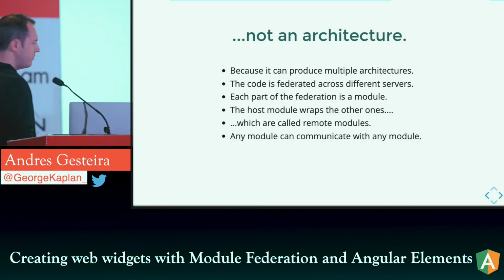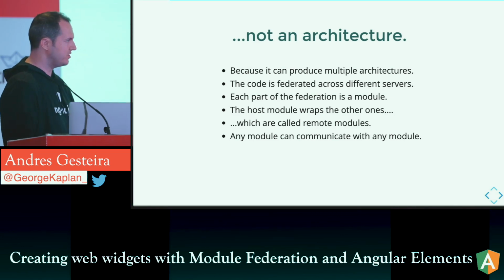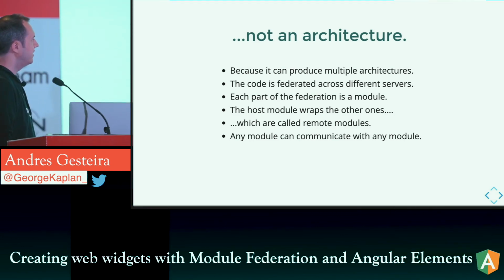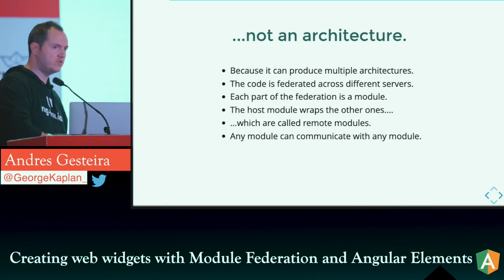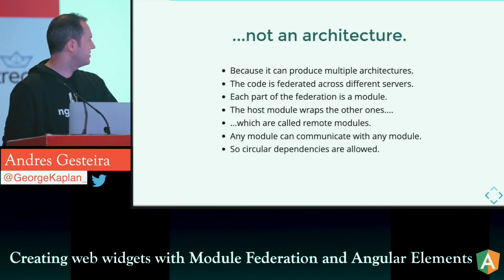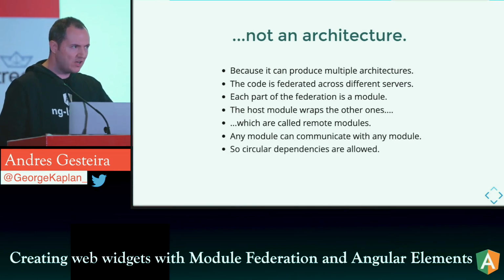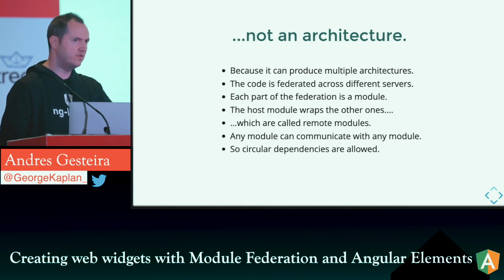And any module can communicate with any module. So all the modules are omnidirectional in communication, meaning that the host module can communicate with the remotes, and vice versa, the remotes with the host module, and the remotes with each other can also communicate. So circular dependencies are not only allowed, they are also encouraged. And this is the mental model of module federation.